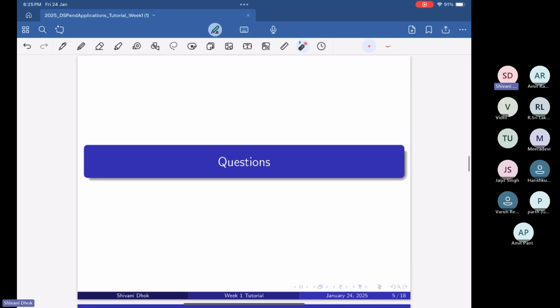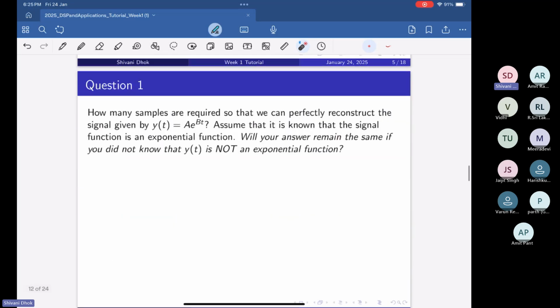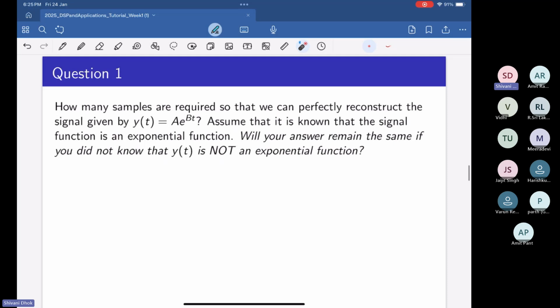Okay, so let me start with the questions that I have planned to cover today. The first question is, how many samples are required so that we can perfectly reconstruct the signal given by y of t equal to a e power bt?